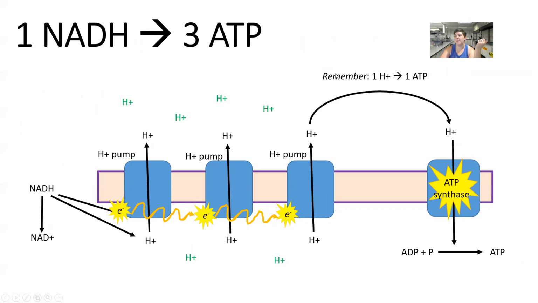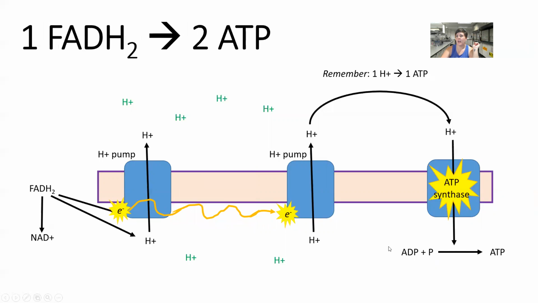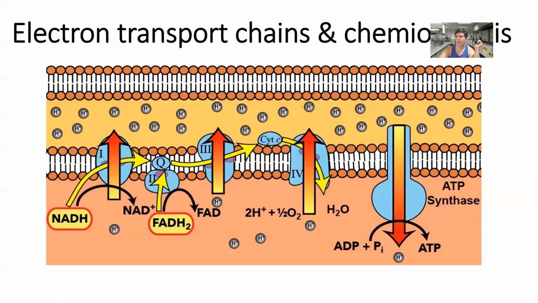If we get 3 hydrogens pumped across, that's going to give us 1, 2, 3 ATP for every 1 NADH. FADH2 fuels the pumping of 2 hydrogens across the membrane. Because every 1 hydrogen equals 1 ATP, FADH2 will give us 2 ATP. And this is just looking at that process.